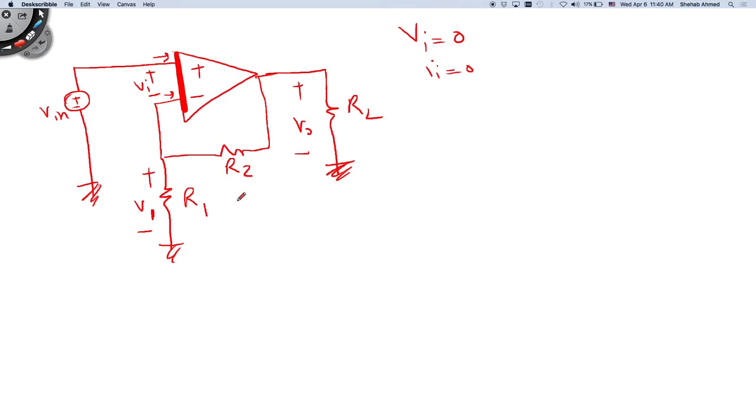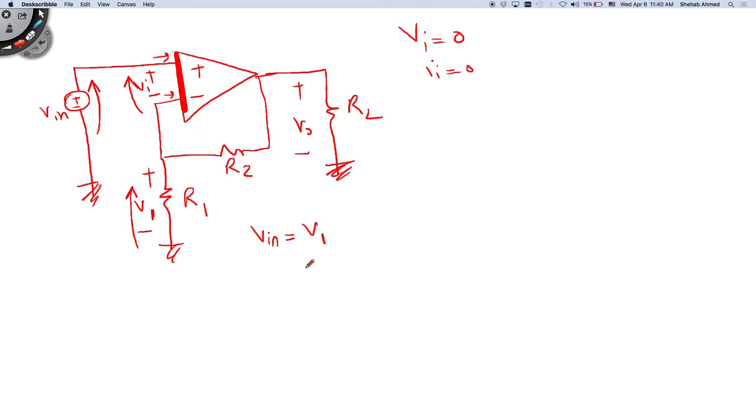So what is V input equal to? Let's do Kirchhoff's voltage law around this loop. This voltage plus this voltage plus this voltage. There's a loop here, right? So the sum of V1 plus Vi is equal to V input. So since Vi is 0, V input is equal to V1.